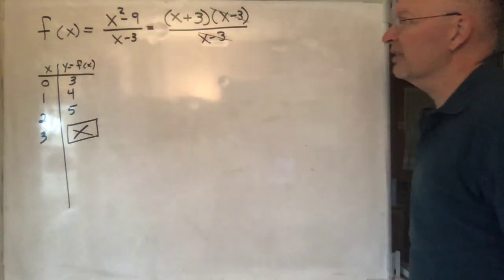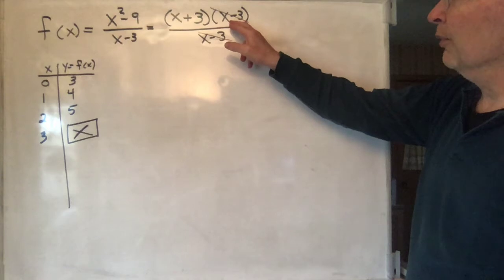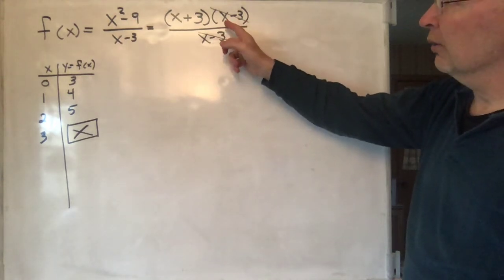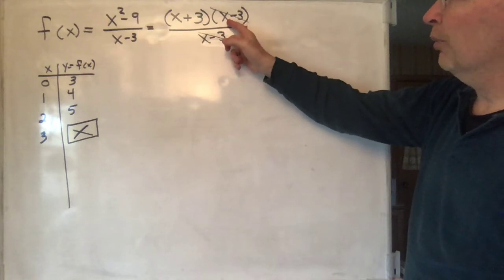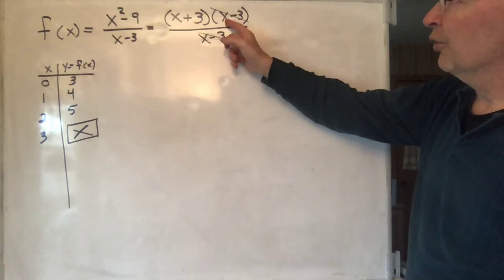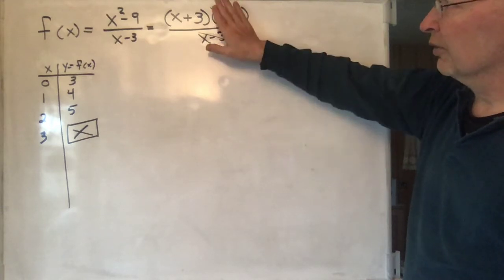For any value except for 3, this number is going to be exactly the same as this number. Agreed? If I stick a 4 in here, or a 15, or a 3.1, or 3.005, whatever number, this is exactly the same. So this number divided by this number is going to give us a 1.